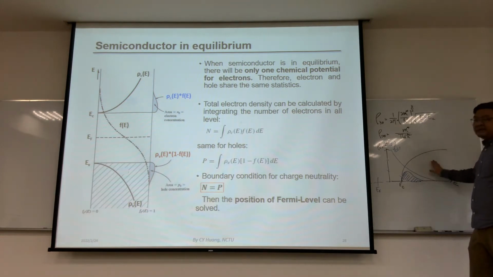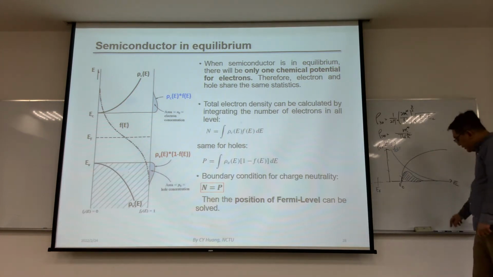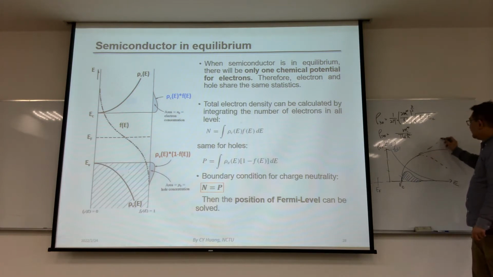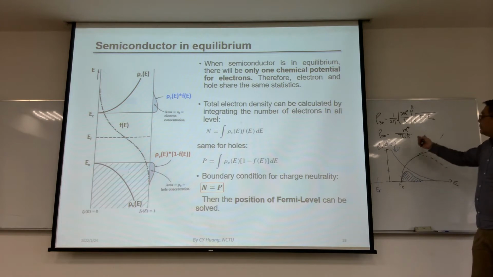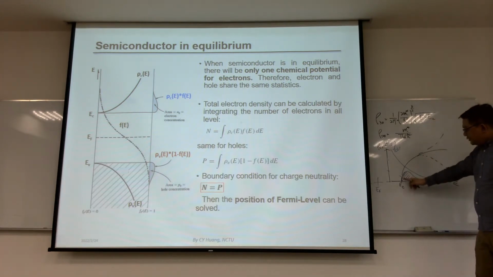So it doesn't matter about the shape when the energy is high. Although in the real case, the density of state might be quite different, probably something like this or something like that. We only do this relation from a parabolic energy assumption near the band edge, so it is accurate only near the EC.